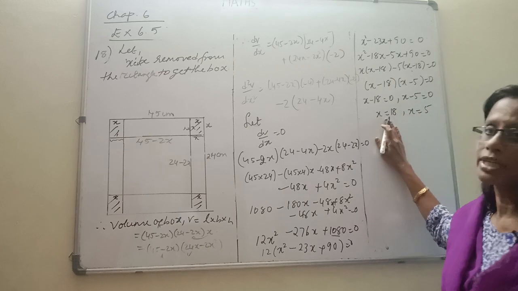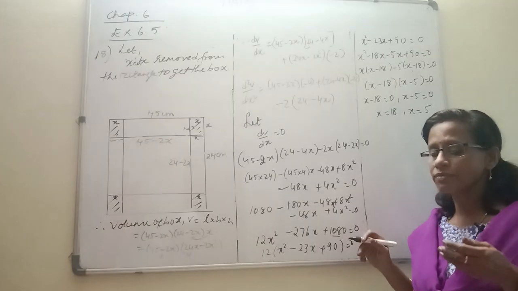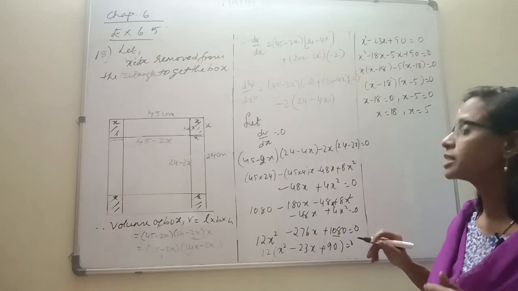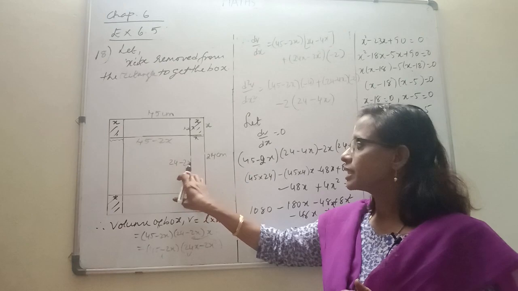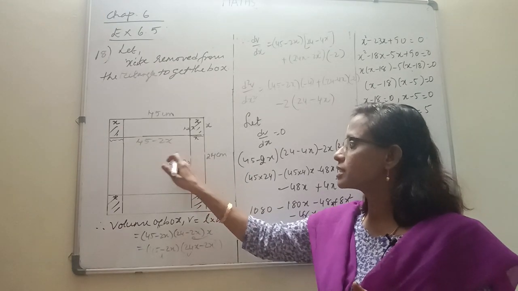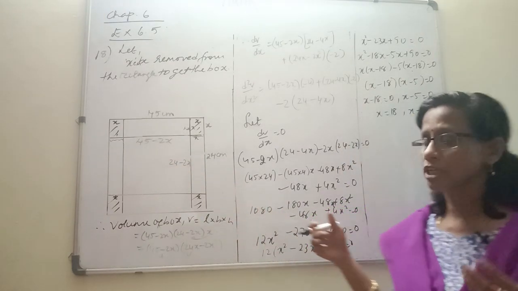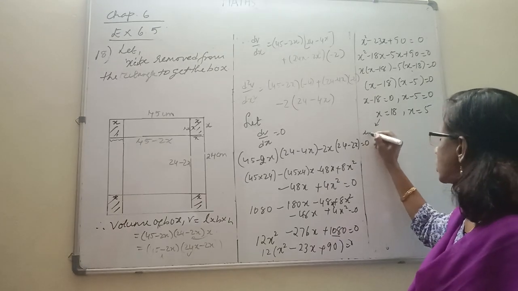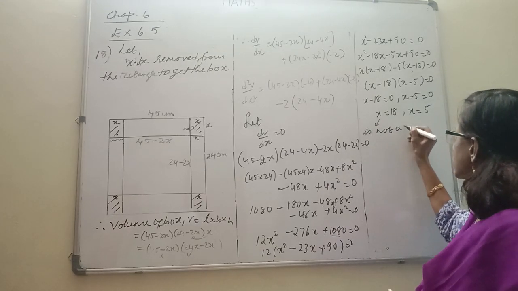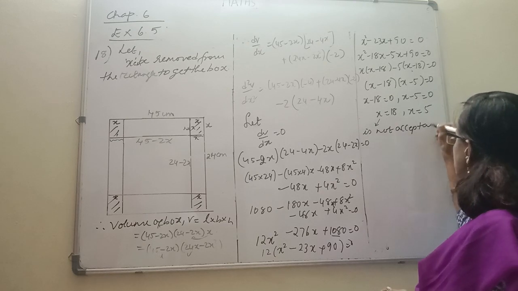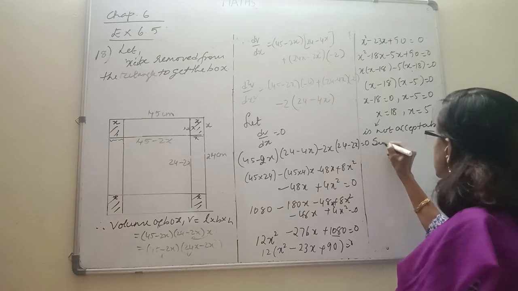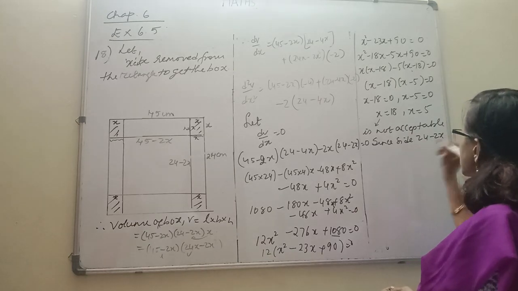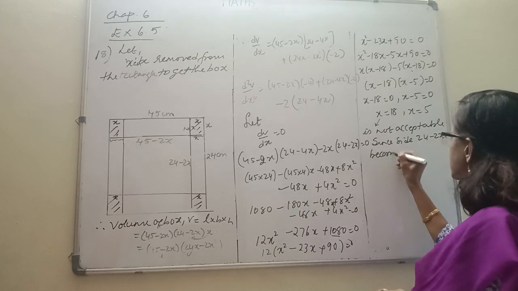Now x equal to 18, as we told, always there is one value which we cannot accept. Now x equal to 18 is not an acceptable value for us, because if you take x as 18, then 18 twos are 36. This side will become negative, so that we cannot take. So x equal to 18 is not acceptable, since 24 minus 2x becomes negative.